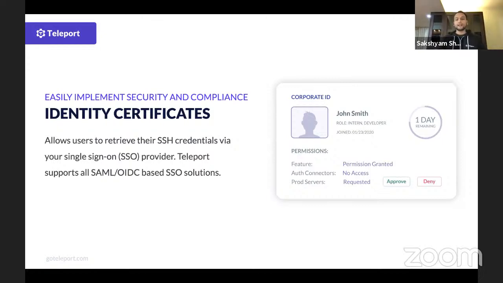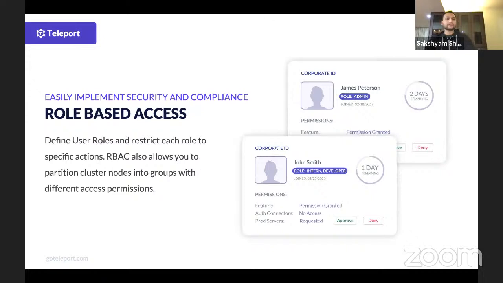So scoped certificates help you eliminate all of those risks and allow you to manage secure access based on user identity. That can also be attached to identity providers such as Okta or GitHub or any providers that support OIDC, SAML, and such. Next, Teleport supports role-based access control.